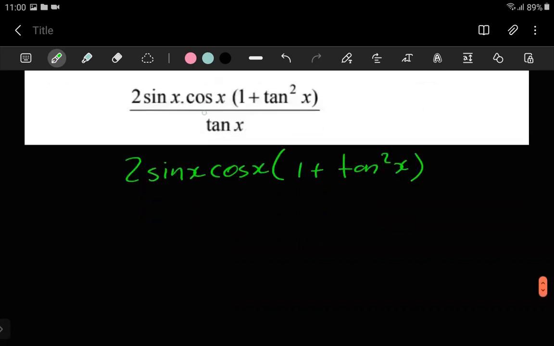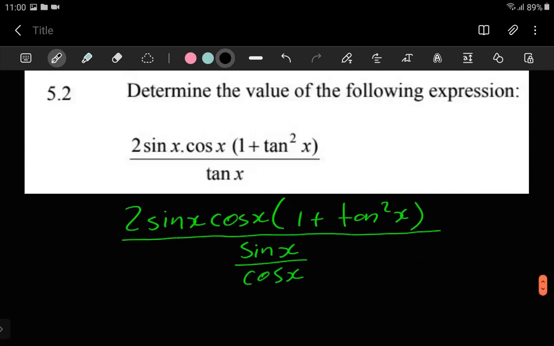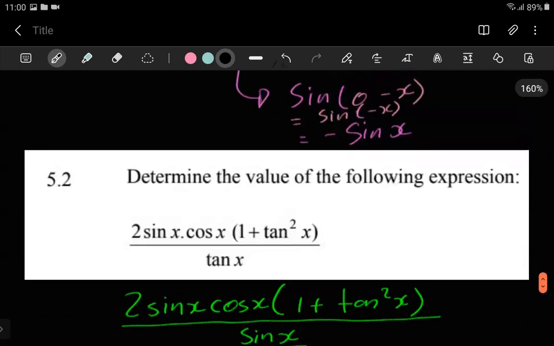The tan x at the bottom, remember, is actually just sine x over cos x. Let me just write it down here. tan x is equal to sine x over cos x.